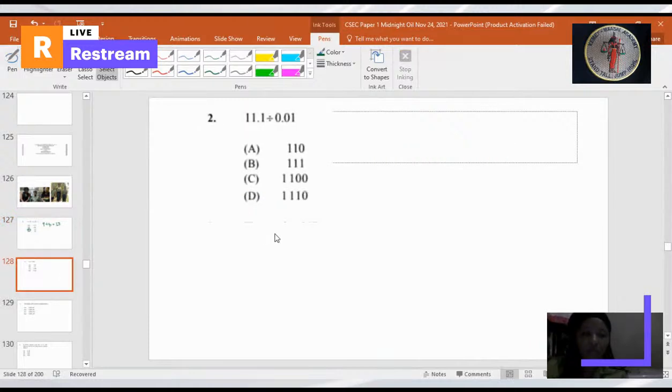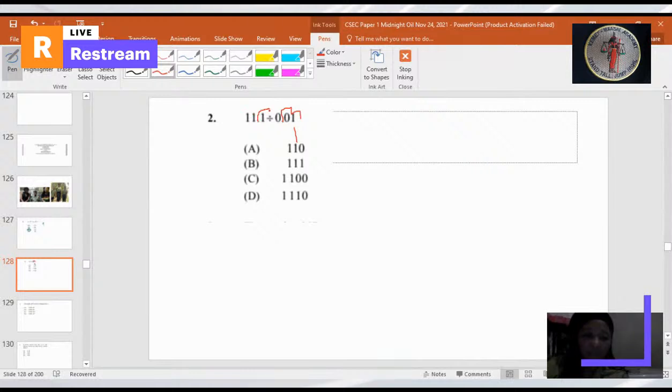Number 2, so we have 11.1 divided by 0.01. When we're dividing by a decimal, so this is the divisor, this is the number we're dividing by, we need to clear that decimal point. I will move 2 places, so this becomes 1. We need to do the same thing with the dividend.